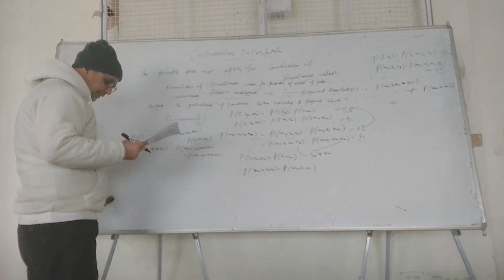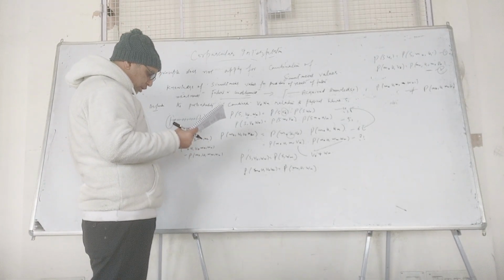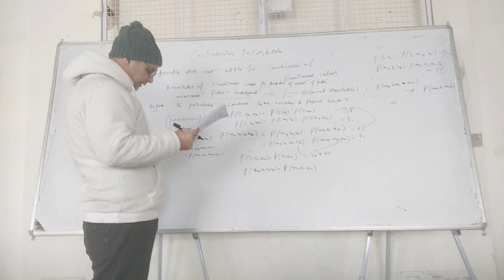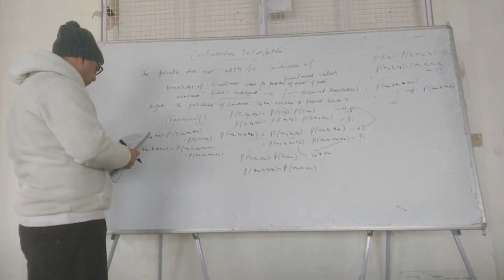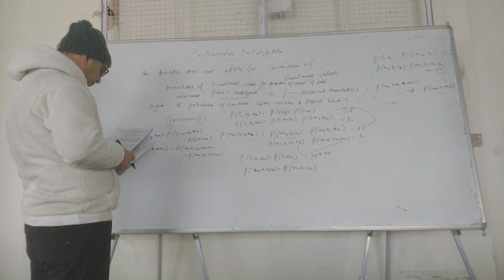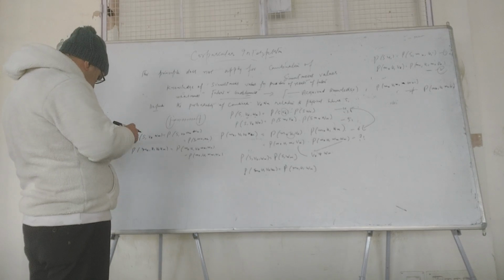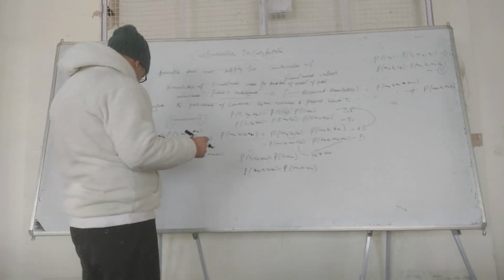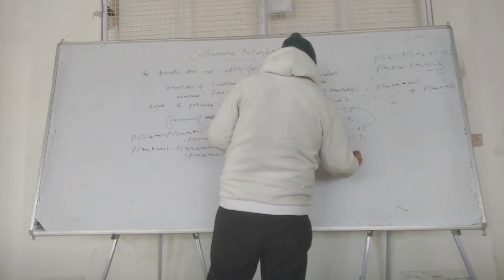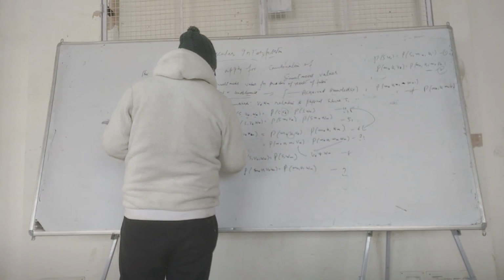So we can say it like this. The same should hold for the expressions, relations 8 and 9. These are 8 and 9, and this is 11 and 12.